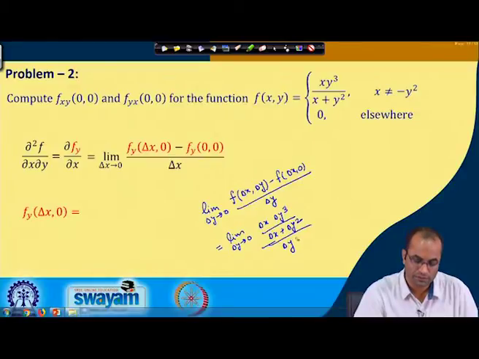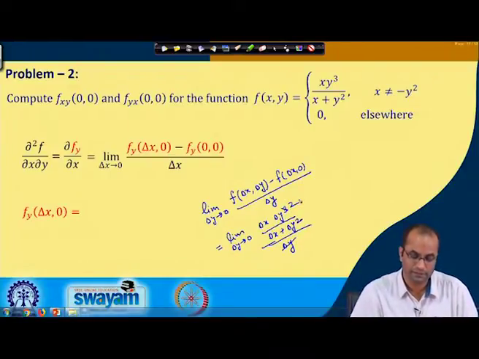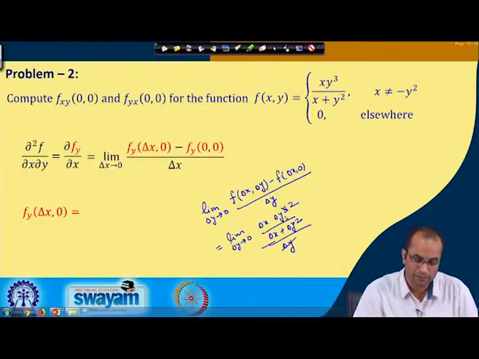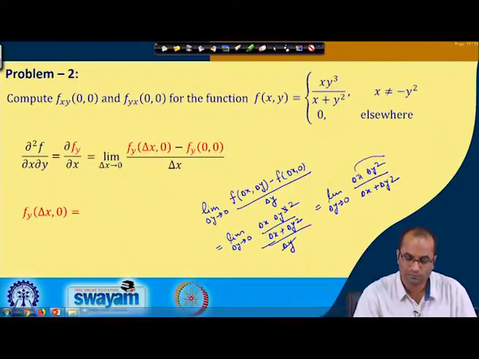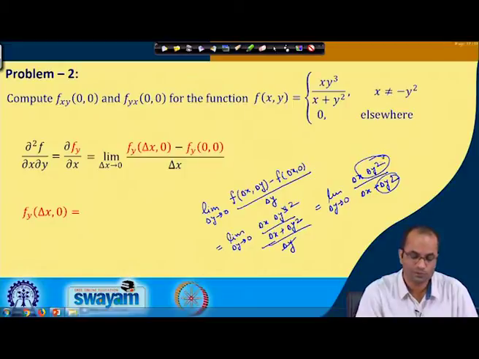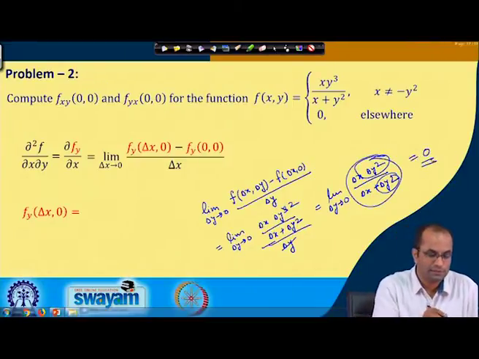So, this delta y will be cancelled here, and then we take delta y to 0. So, we have delta x delta y square divided by delta x plus delta y square. So, when delta y goes to 0, this term goes to 0, and here this goes to 0. So, you have this limit as 0.